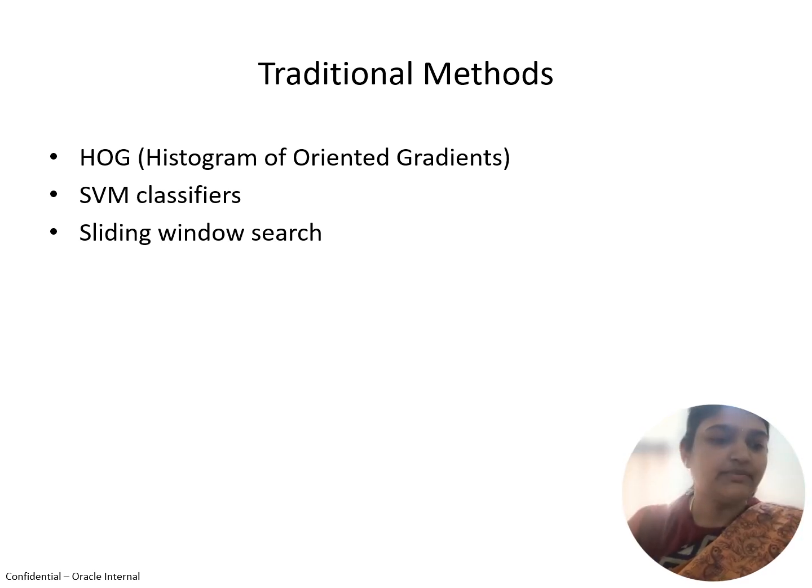SVM classifiers distinguish between two classes by finding the optimal hyperplane that maximizes the margin between the closest data points of the opposite classes. Next one is sliding window search. The sliding window algorithm is an efficient technique used to solve problems involving arrays, lists, or strings, particularly when analyzing contiguous subsegments or windows of data.